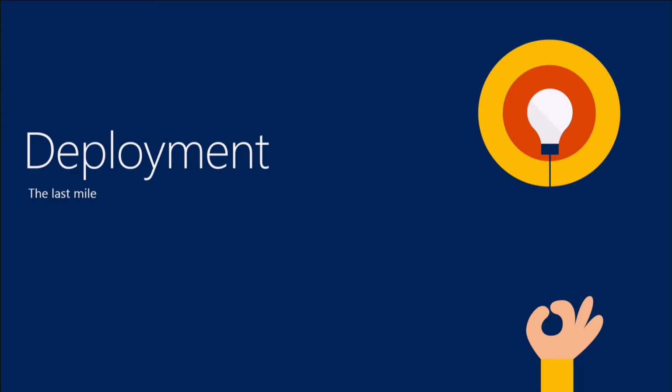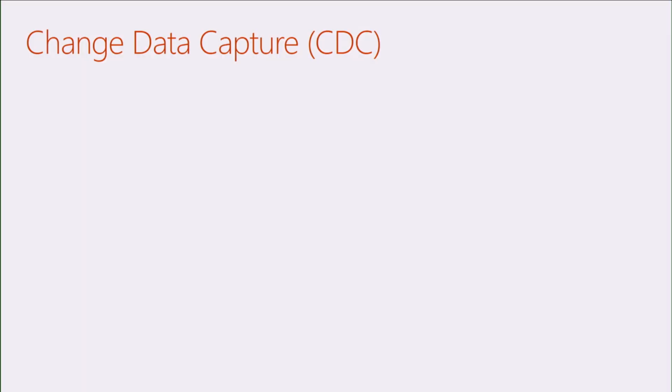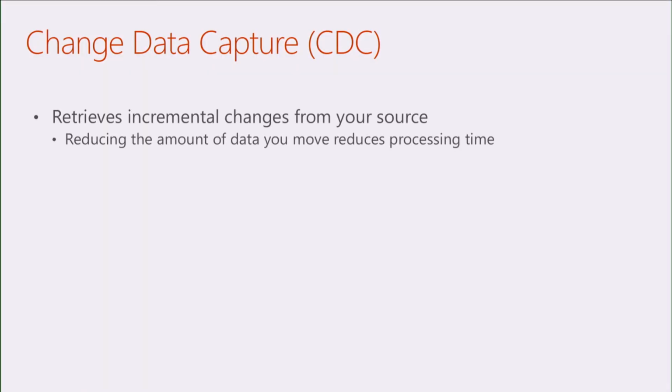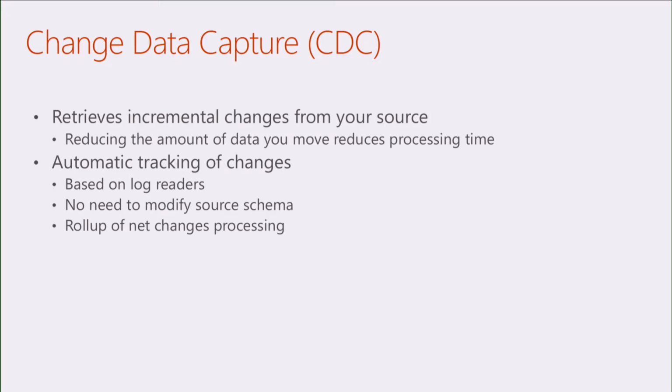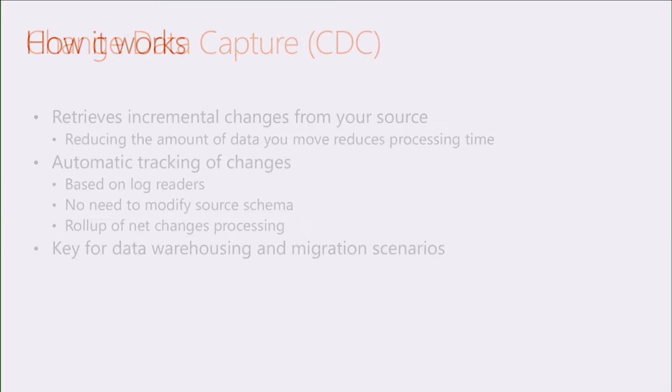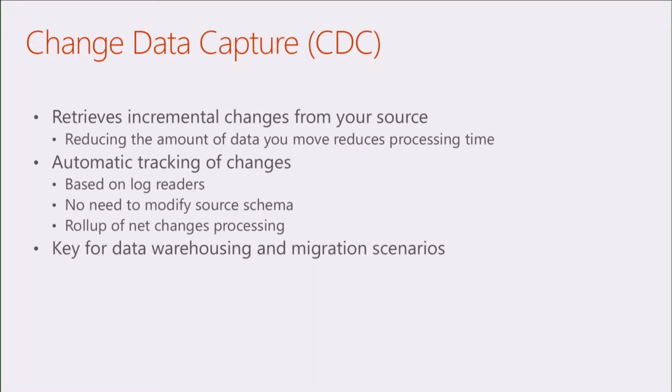Once it tracks the changes, it pushes those changes into an intermediate table inside SQL Server. CDC provides two functions, one to get all changes, and one that can help you find out what the net changes are. In some time, I'll show you how CDC works. But before I get there, I really want to show you a quick example of SSIS. Okay.